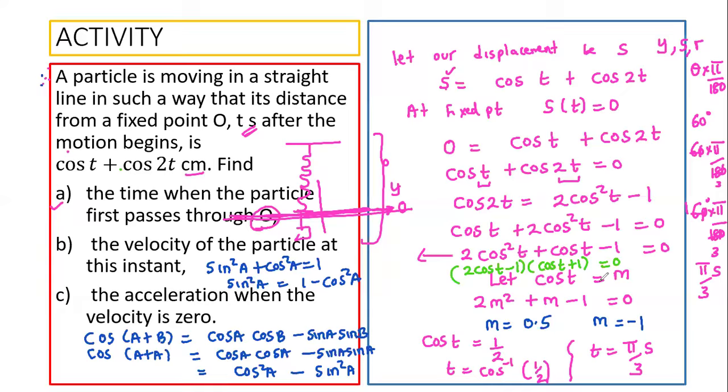Someone could write it like that and then you solve. Or you could let and then you continue.